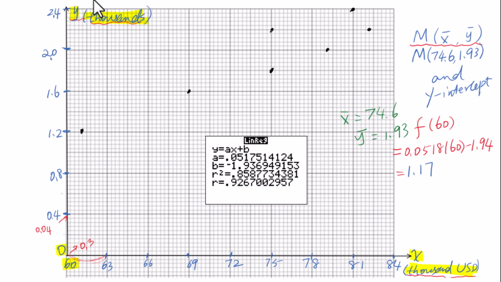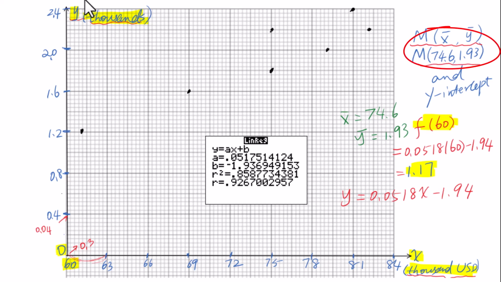We know the regression line function equals 0.0518x minus 1.94. Then for f of 60, we will get 1.17. So we need to pass through these 2 points.